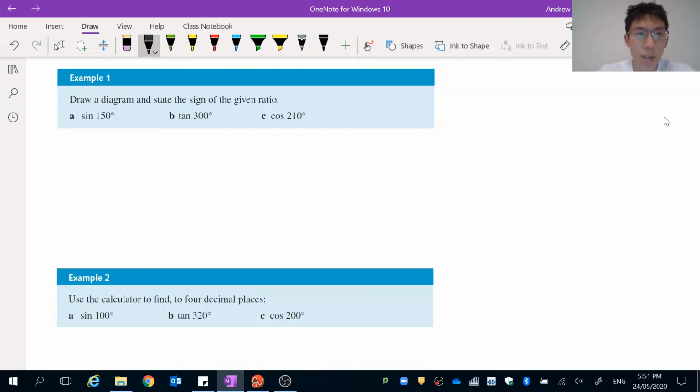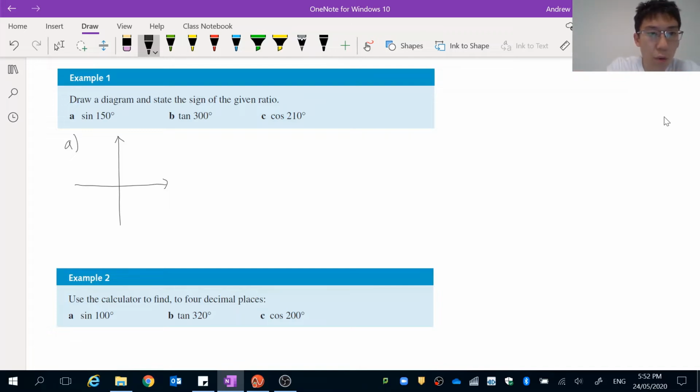Okay, draw a diagram and state the sign of the given ratio. Remember, when we label these angles on our unit circle or in our CAST diagram, it's always going to be from the positive side of the x-axis. That's our angle.